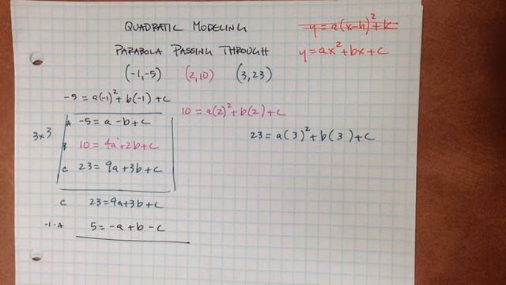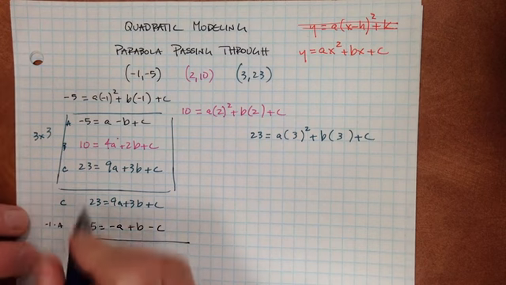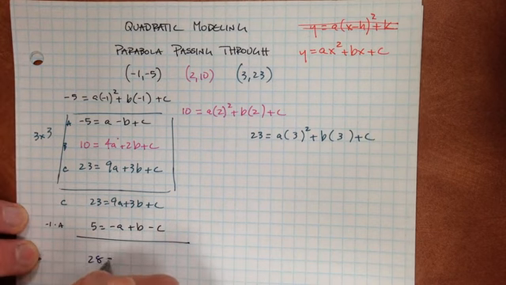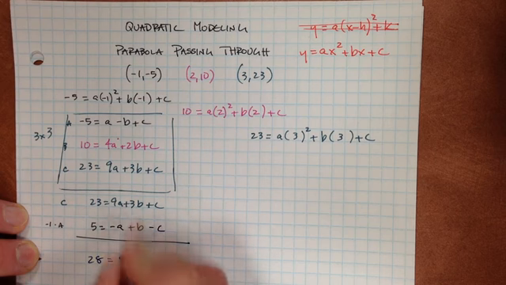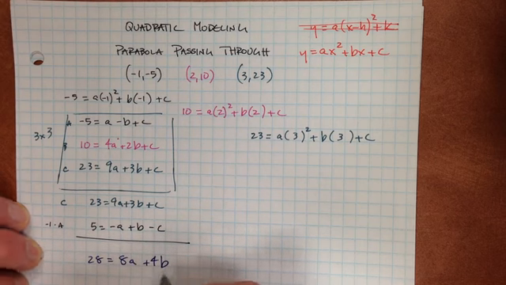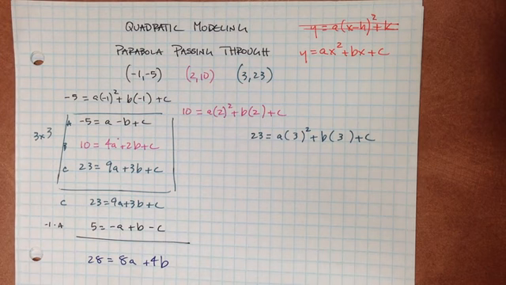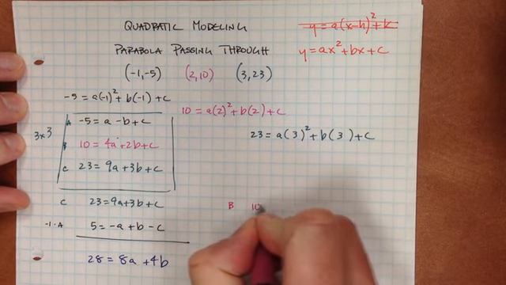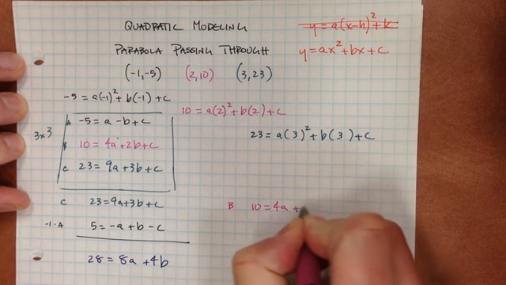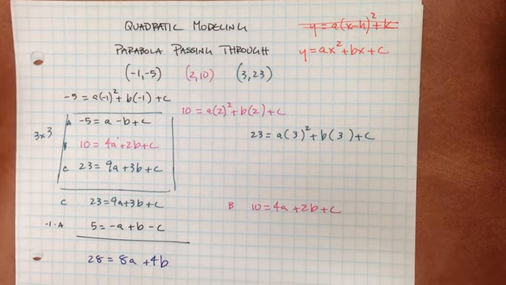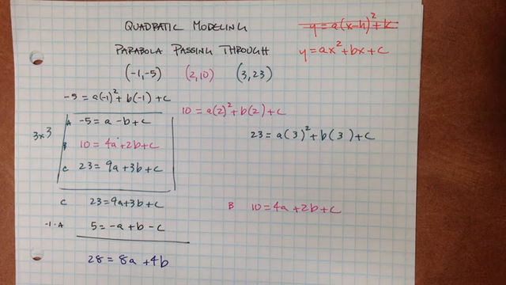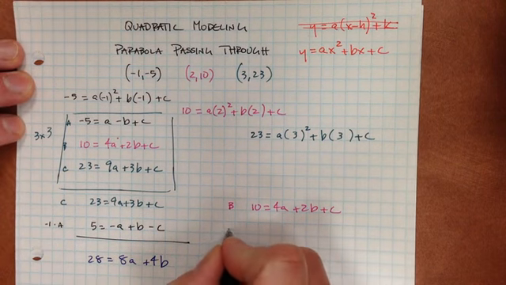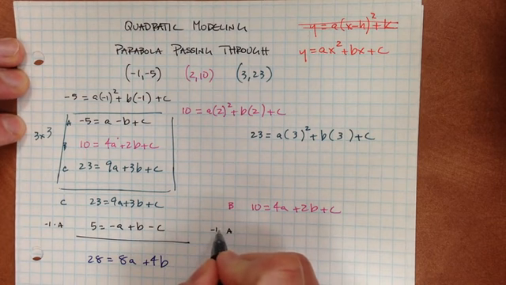When we combine this, we end up with a new equation: 28 equals 8a plus 4b. Now I need to repeat that process with two different equations. So now let's take equation b: 10 equals 4a plus 2b plus c, and I will put it together with equation a again, but multiplied by -1.